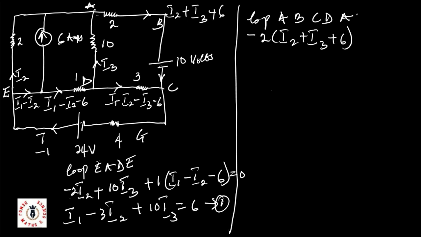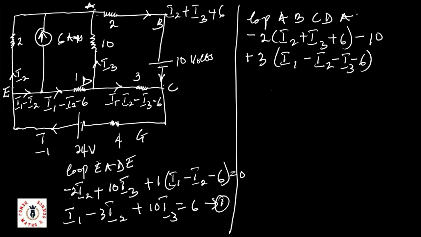Then from B to C, we have just a 10 volt source. That's minus 10. We're going against potential. And from C to D, we have a 3 ohm resistor. That's plus 3 into I1 minus I2 minus I3 minus 6.